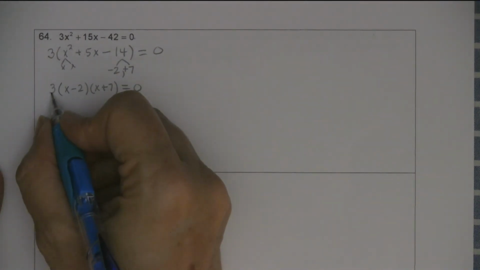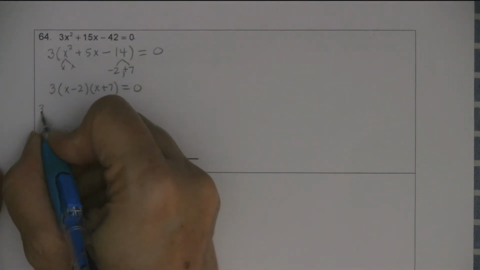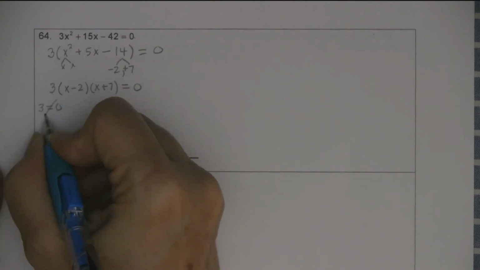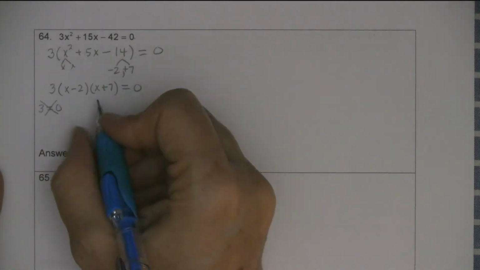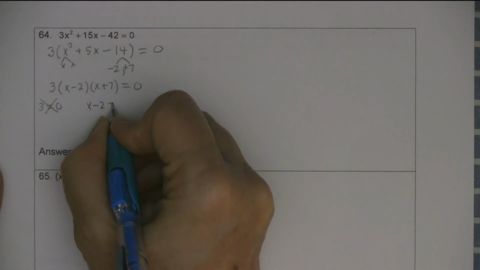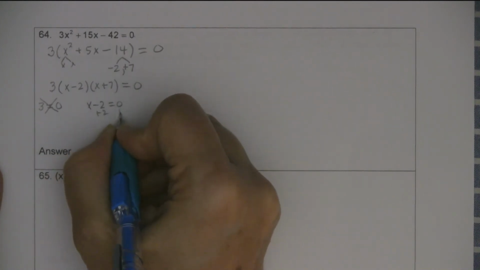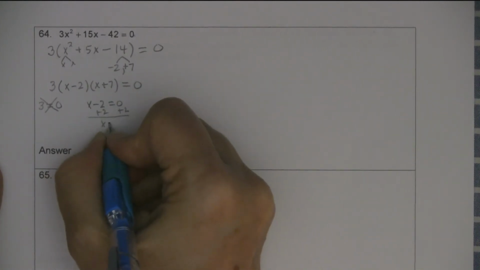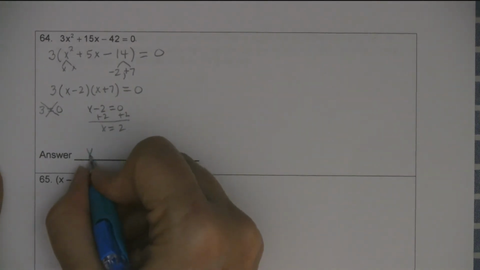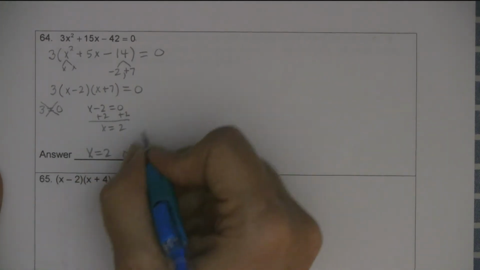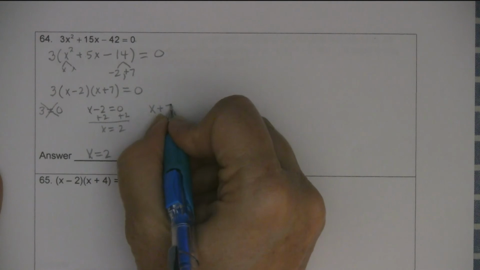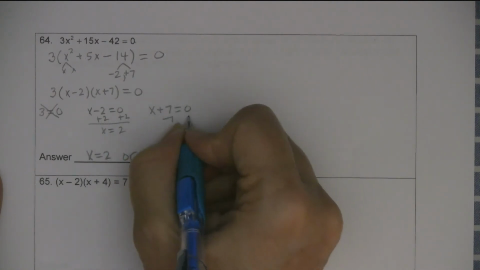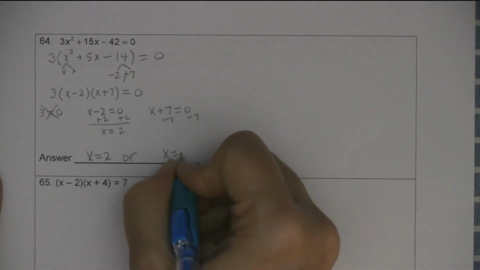Now, 3 doesn't have a variable in it, and 3 is never equal to 0. So this is not going to give an answer. And x minus 2 equals 0 is going to give the answer of 2. So one answer is 2, and the other answer is going to be negative 7, right? So x equals negative 7.